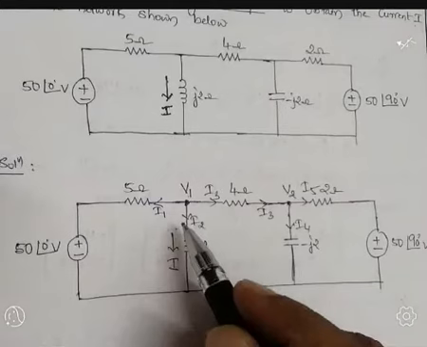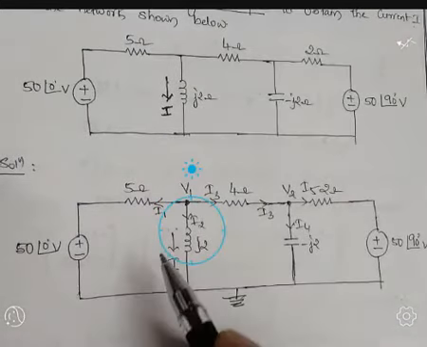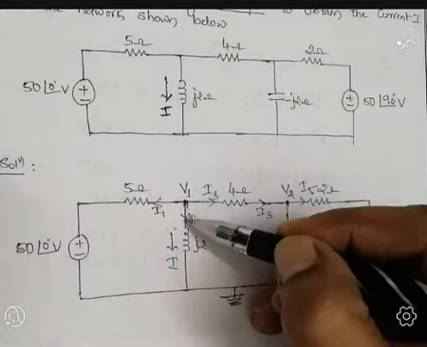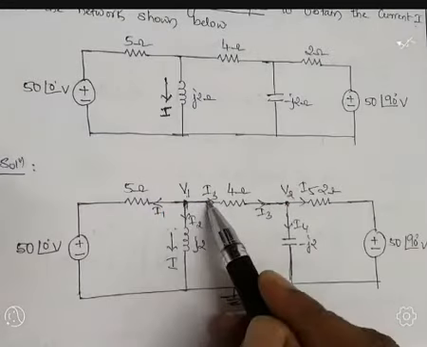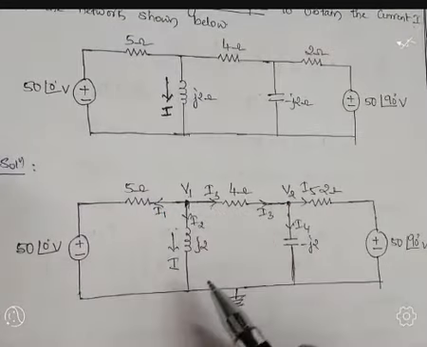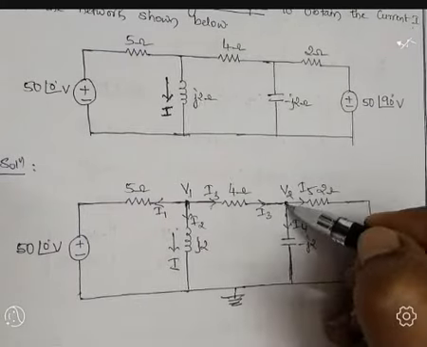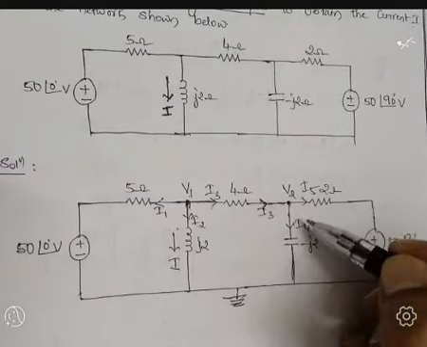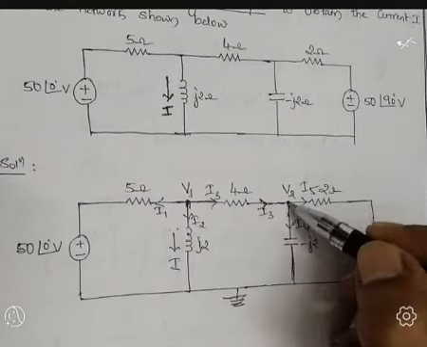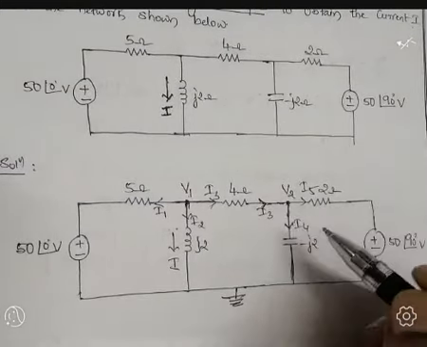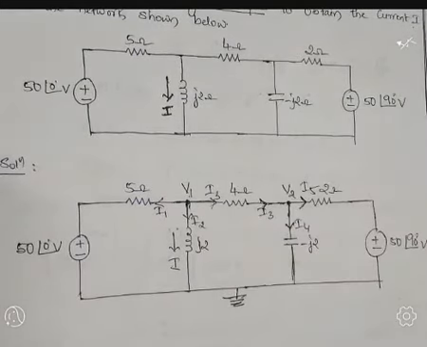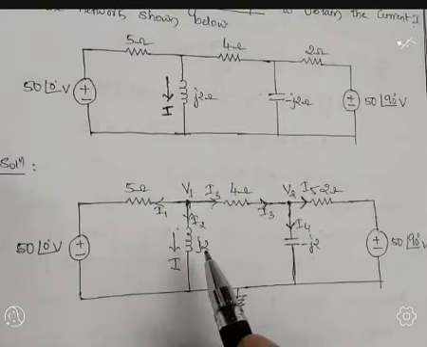First, current I1 is moving away from node V1, and current I2 is also moving away from this node. Current I3 is moving away from this node. Next, coming to the second node V2, current I3 is moving towards it, then I represented current I4 moving away, and one more current, current I5, is also moving away. So I represented all the currents for these two nodes.